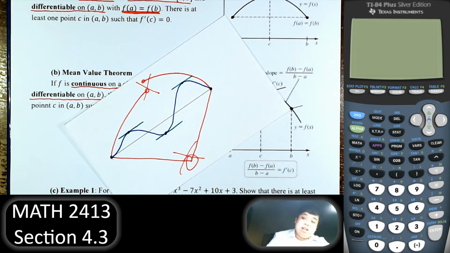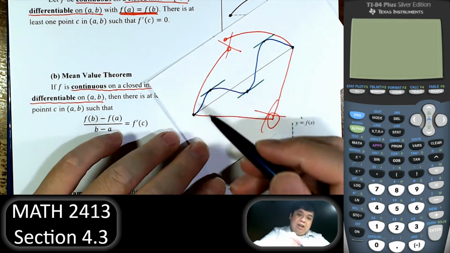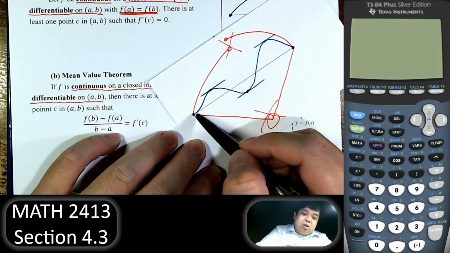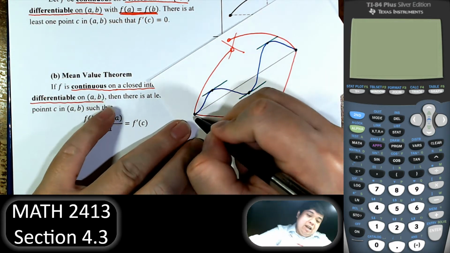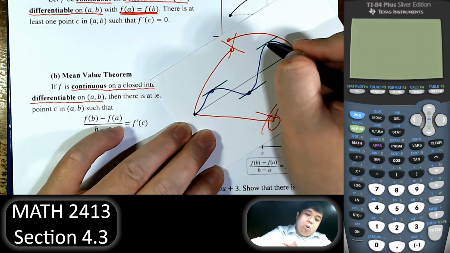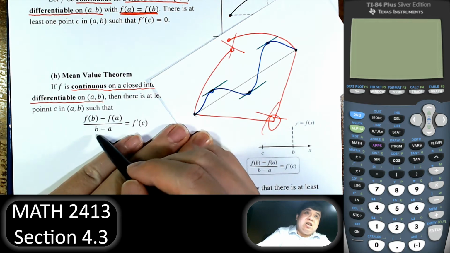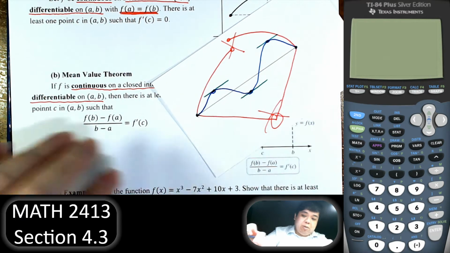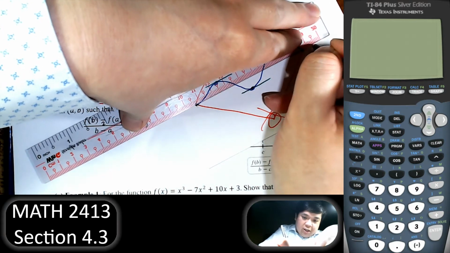And it shows that if the function is continuous and differentiable, then there will be at least a point so that, on the left hand side here, this is the slope of the secant line. So here we have a secant line that goes through 2 points.